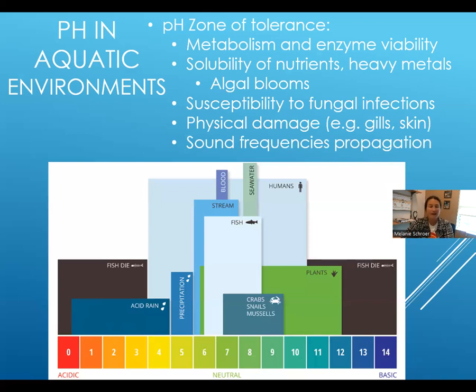What I think is fascinating is that different frequencies of sound, particularly those that are used by different marine mammals for communication, are going to propagate actually better in waters that have a lower pH. And so many different factors are impacted by the pH in aquatic environments.